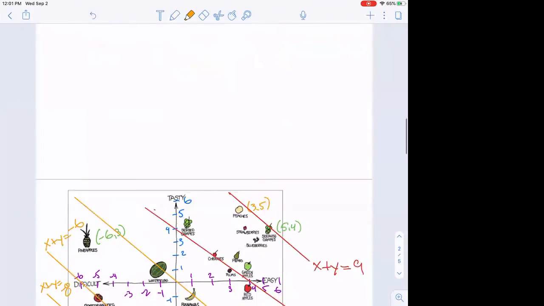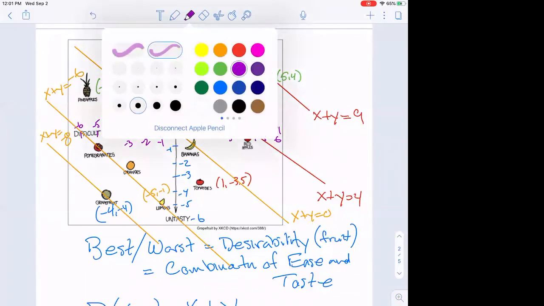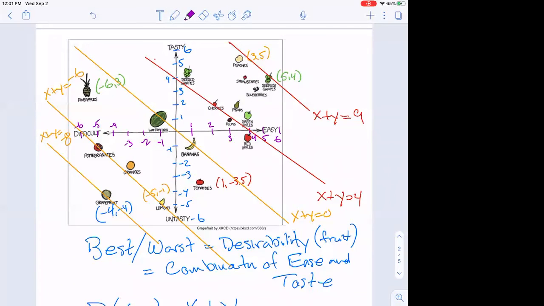One other example was that people were asked to describe which was the best or worst fruit. And a lot of you said, well, peaches are the best fruit because they're highest, or lemons are the worst fruit because they're lowest on the y-axis. But that's just in terms of taste. What if you worried about whether they were best or worst in terms of ease?